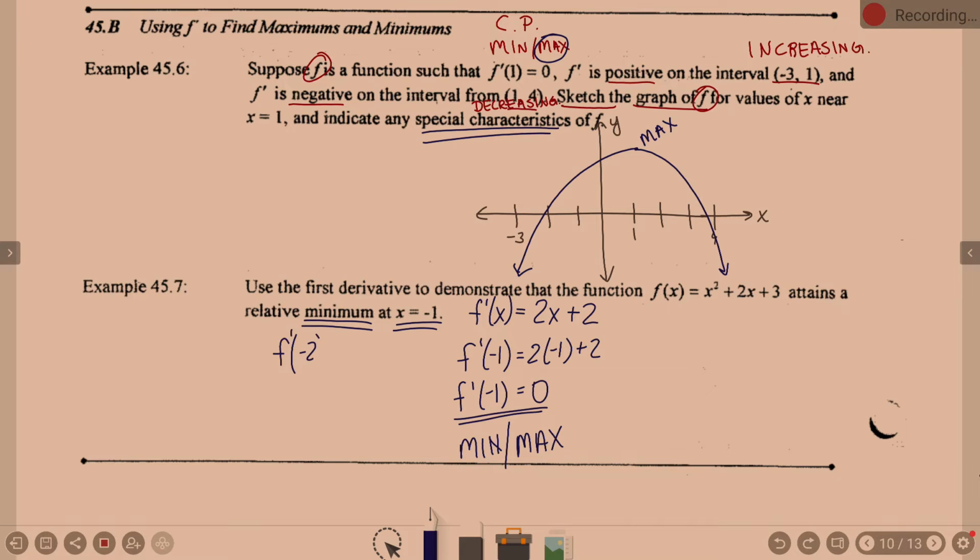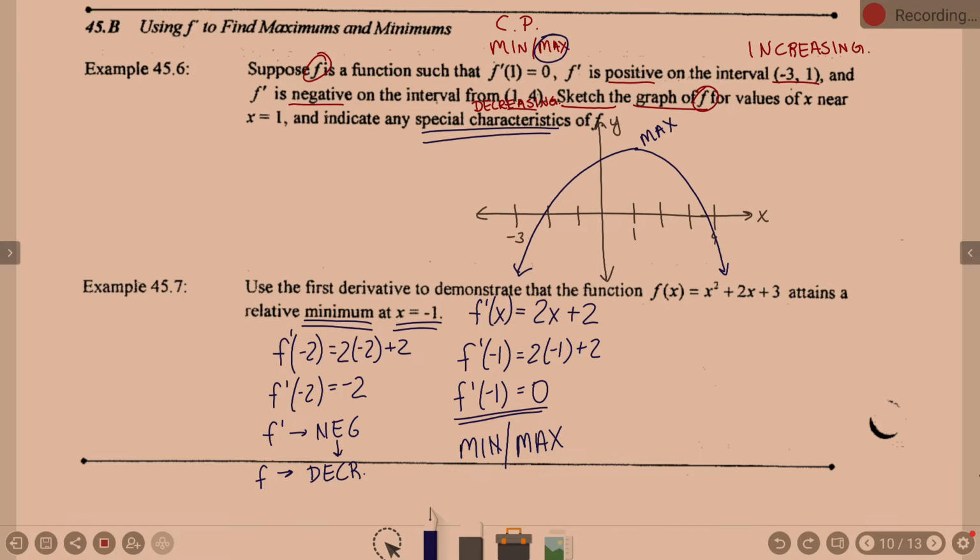If we do 2 times negative 2 plus 2, then we find that that is negative 2. A negative first derivative, right? So we just showed that the first derivative is negative at that point, and a negative first derivative says that the actual function is decreasing.